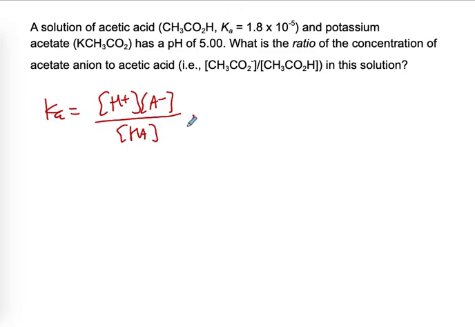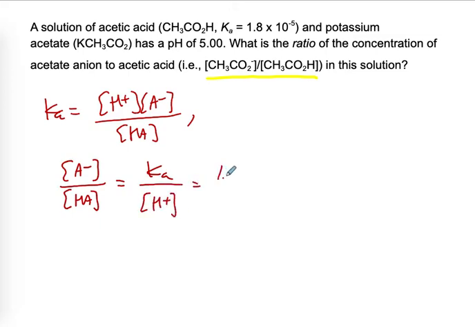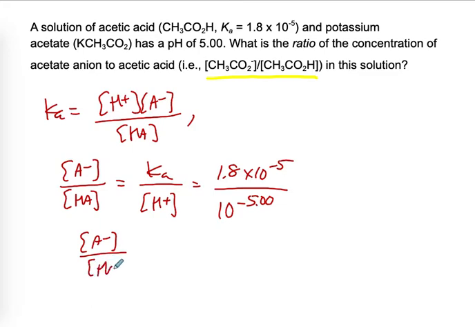Since I'm trying to find a ratio of acetate to acetic acid, I will simply rearrange to isolate the concentration of acetate over the concentration of acetic acid. That gives me Ka over the hydrogen ion concentration, 1.8 times 10 to the negative fifth, divided by, given the pH of 5, the hydrogen ion concentration, 10 to the negative 5.00, and that gives me a value of exactly 1.8.